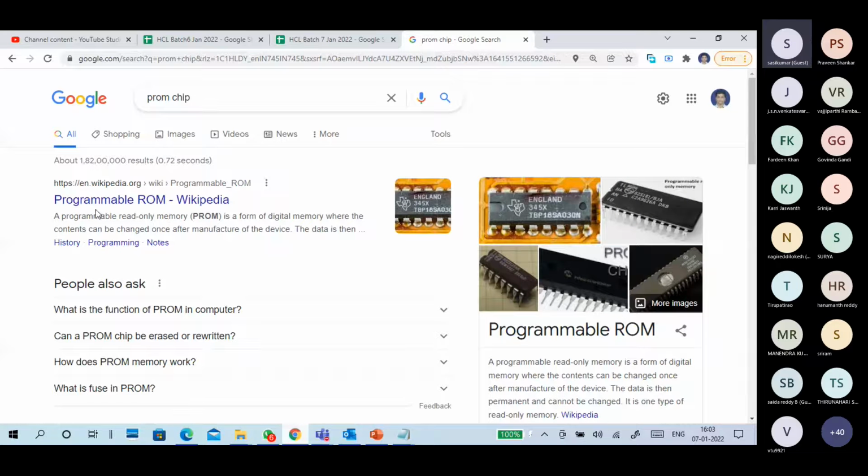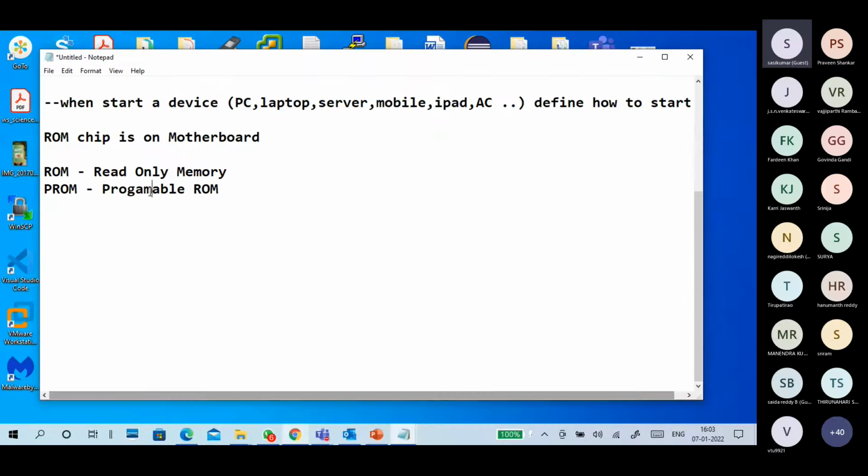So there are different ways you can program it. It's an empty chip, and you can program it using ultraviolet rays.